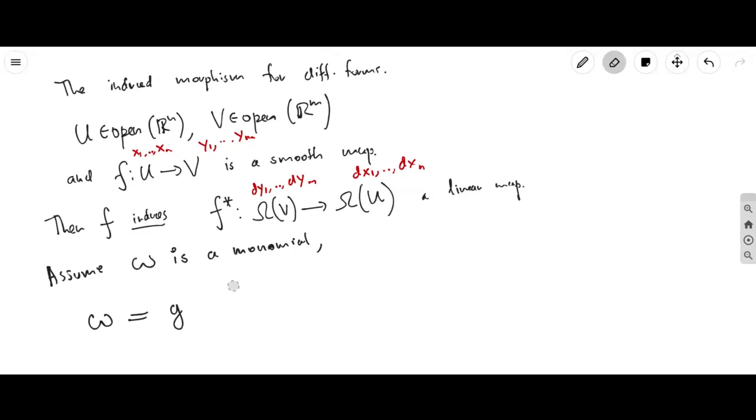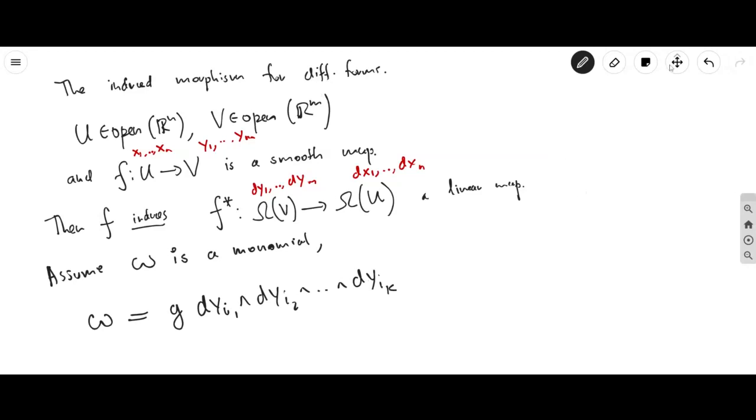And omega is going to be a monomial over here. This is going to be our monomial. So this is a differential form on this one. It'll be some function g, which is a smooth function on V, and you will have differentials over here. So you would have dy_I1 wedge dy_I2 wedge dy_Ik.